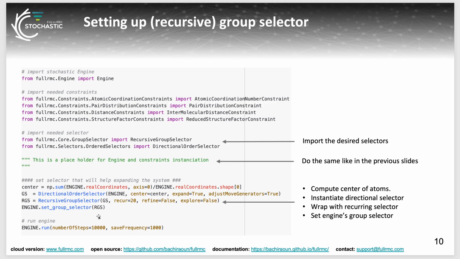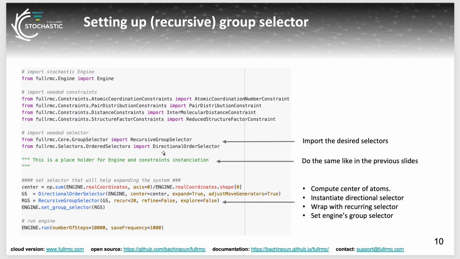So the next step is, let's set up a different group selector, not a random group selector, and let's have this selector select the groups in a recursive way. Very important property. Also, I'm not going to copy the code from above, but I am importing here 2 new modules, recursive group selector and directional order selector.